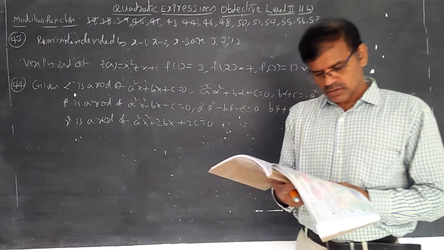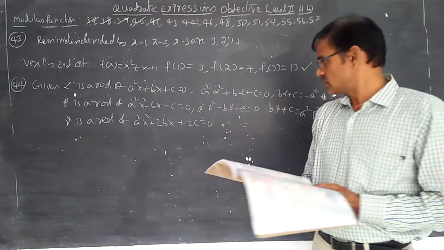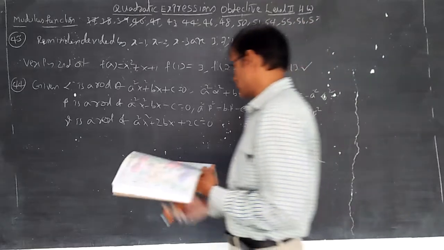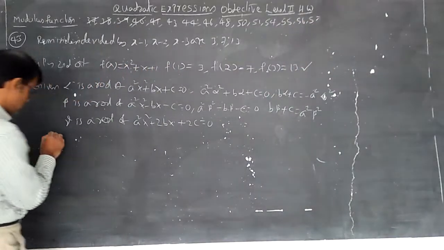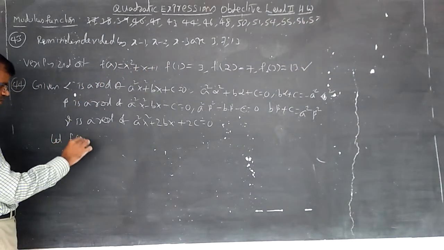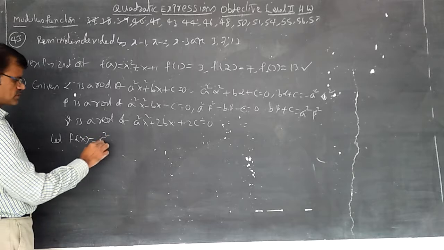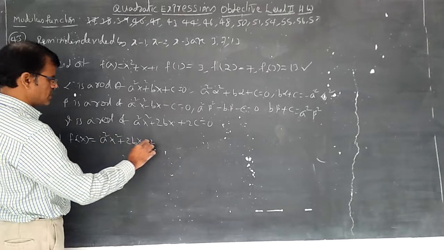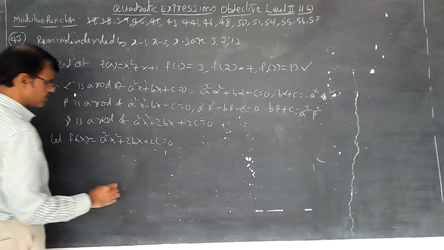Now again, this is an equation, and gamma is the root of this equation, is what is being asked. I am writing f of x is equal to a square x square plus 2bx plus 2c equal to 0.